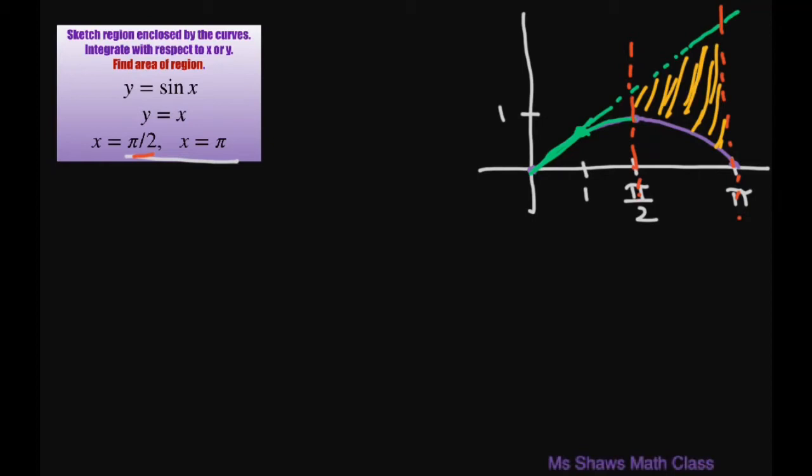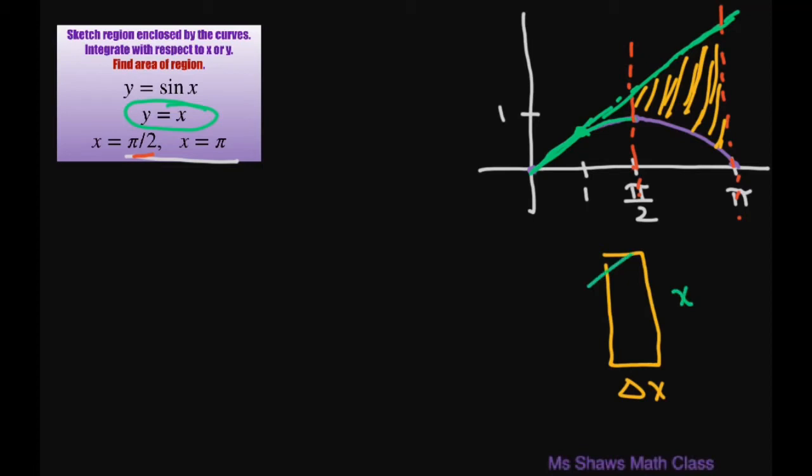All right. If I do an approximating rectangle, what I'm really looking at is the upper boundary here for the green one. Now my green one's the upper boundary, so that's going to be x.